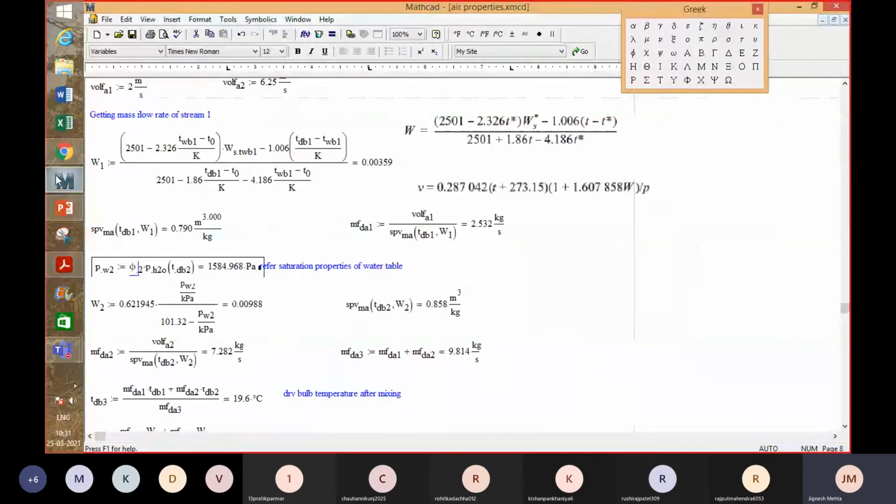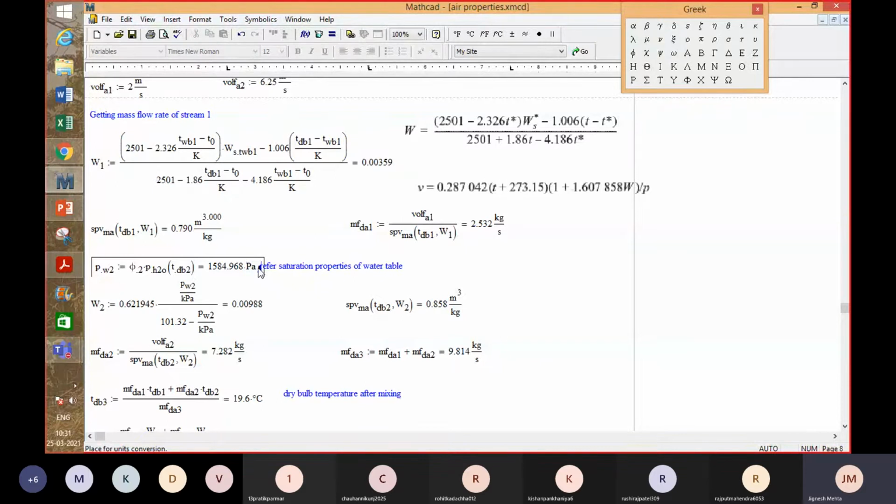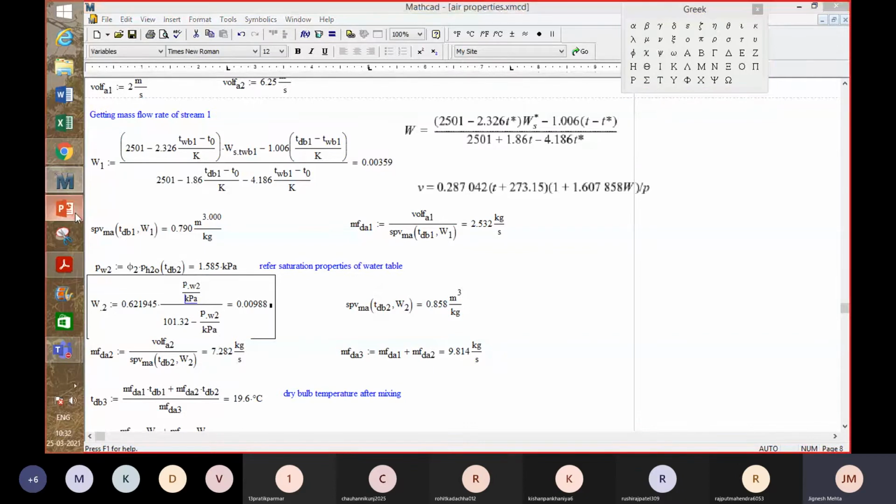So that is what has been done here, and you get the water vapor pressure, which you may write in kilopascal, equal to 1.585. That is the water vapor pressure. With the help of this formula, you can get the value of W2.